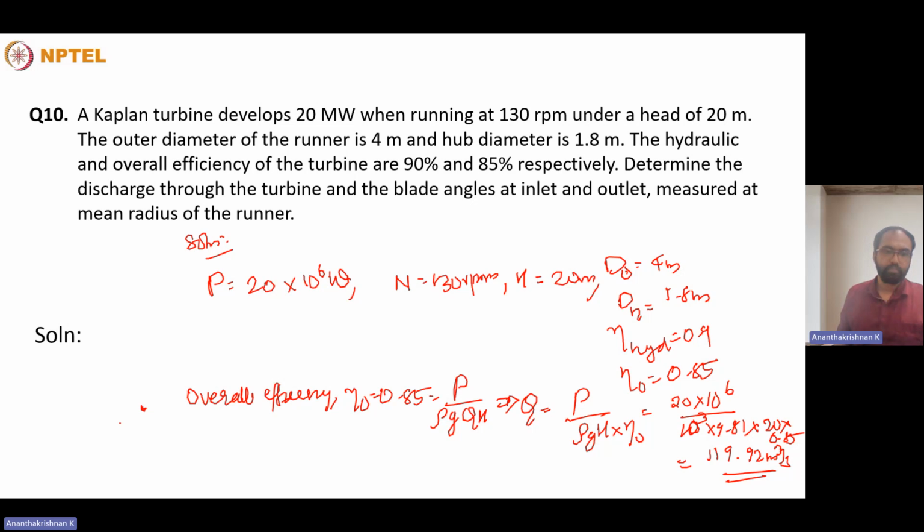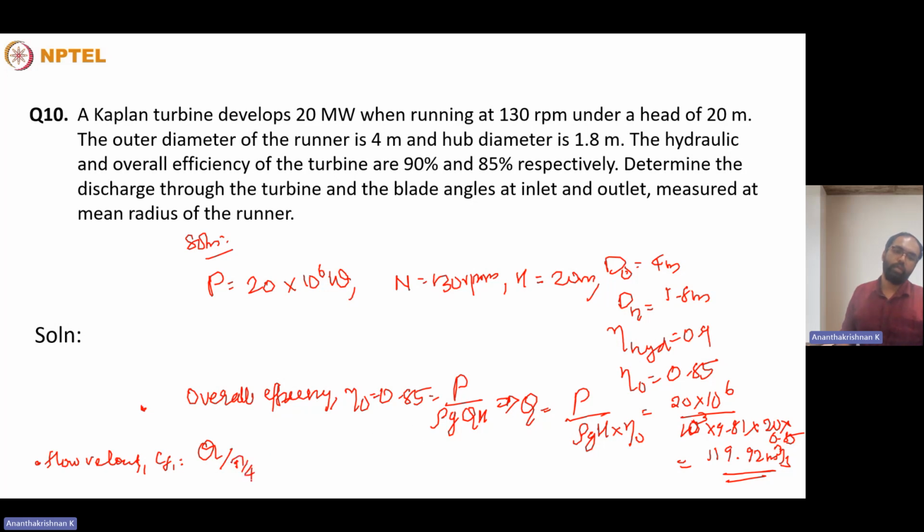So we need to calculate the flow velocity component from the discharge. Flow velocity CF1 is equal to discharge divided by the area. In the case of a Kaplan turbine, the area which is available is the annular area between the two diameters, the outer diameter and the hub diameter.